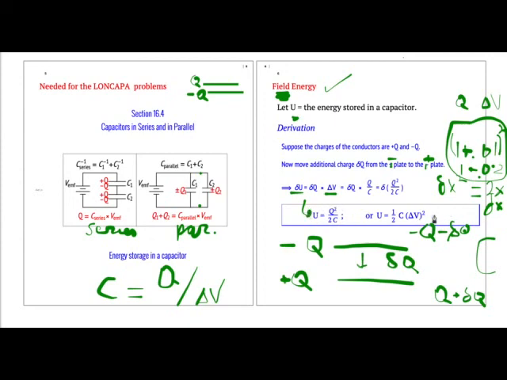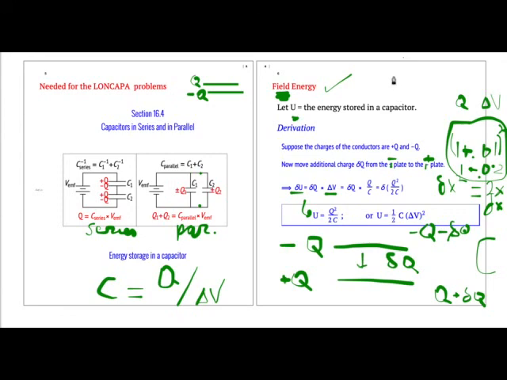You should have written in your notebook these equations for field energy in a capacitor. There are 2 ways you can calculate it. You can calculate it from the charge, it's Q squared over 2C, or you can calculate it from the potential difference. It's 1/2 C delta V squared. Now, of course, you don't need to know the derivation in order to solve the long kappa problem, but you do need to know these 2 equations. So you should have those written down in your notebook.